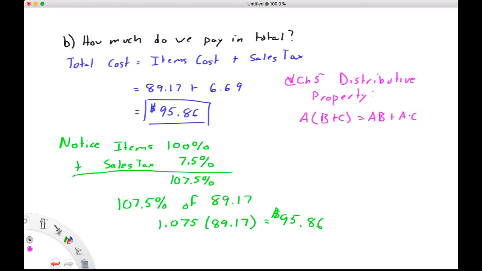So a times the quantity b plus c is the same as a times b plus a times c. And in a way, that's exactly what we have here, right? If we thought of 89.17, our item's cost, as our a in this case, then we've got 100% and 7.5%.